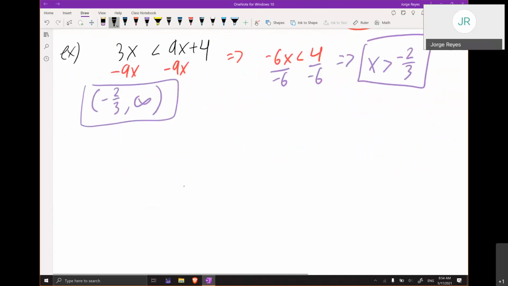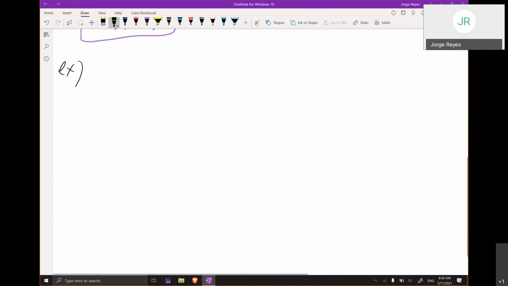And just to make it a little more complicated, let's move on to the next example. 6 less than or equal to 3x minus 2 less than or equal to 7. Here there's a double inequality. What do I do?